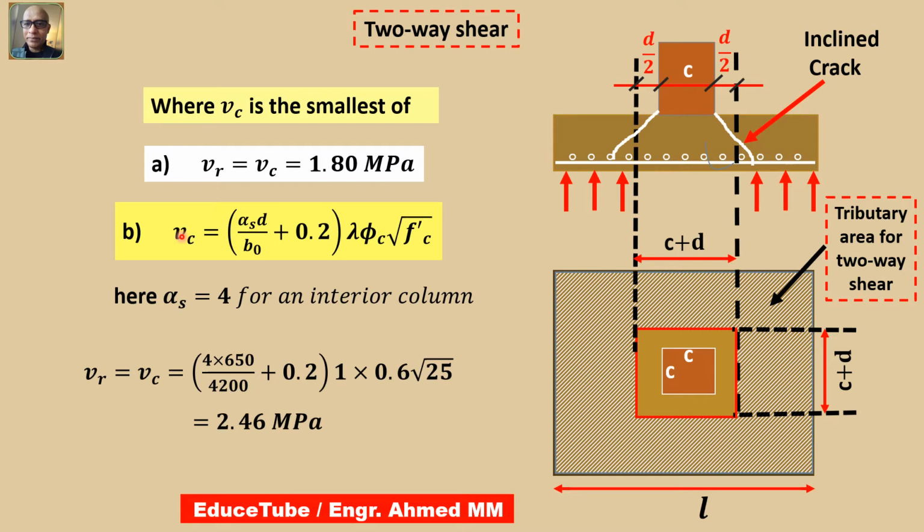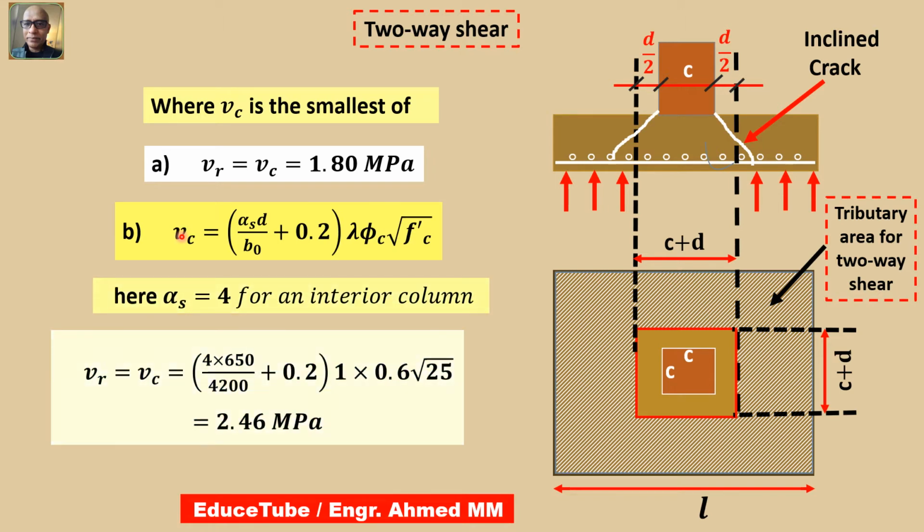In the same way, we put the values for lambda, phi c, square root of f'c, and we get VR or VC equal to 2.46 MPa. So the factored shear stress resistance provided by concrete is 2.46 megapascals.